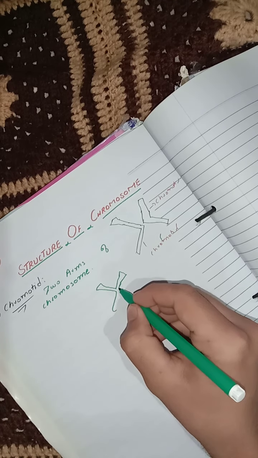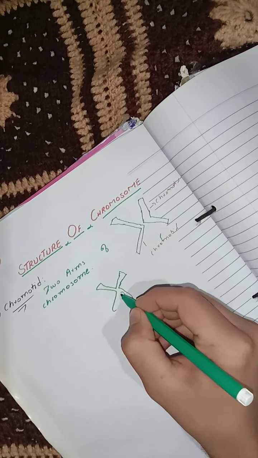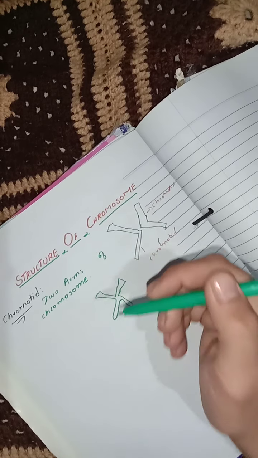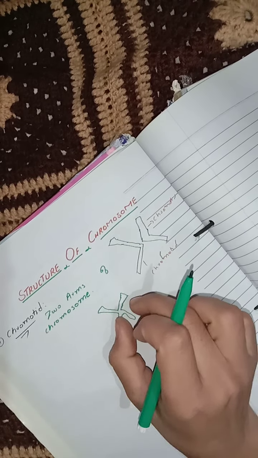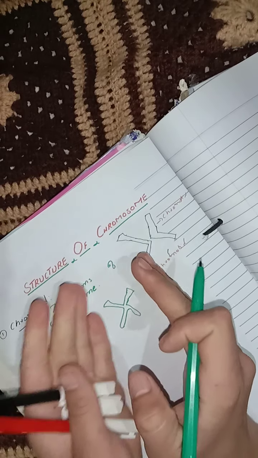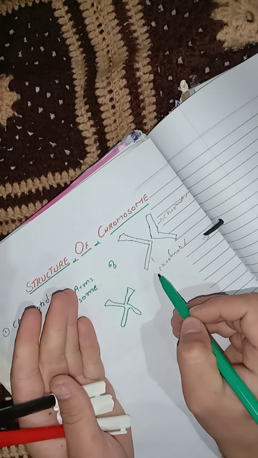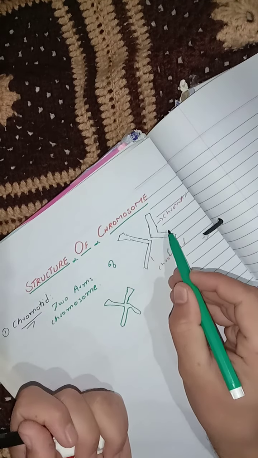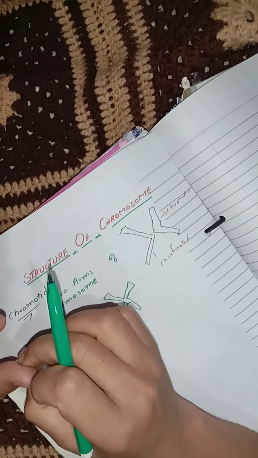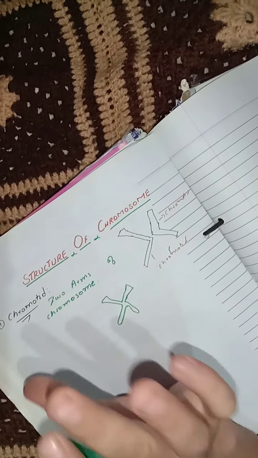Now it might be clear if we draw here. Look at here. This is the structure of a chromatid. These two are the arms. The single arm is called a chromatid, and if they combine together, it is called a chromosome.